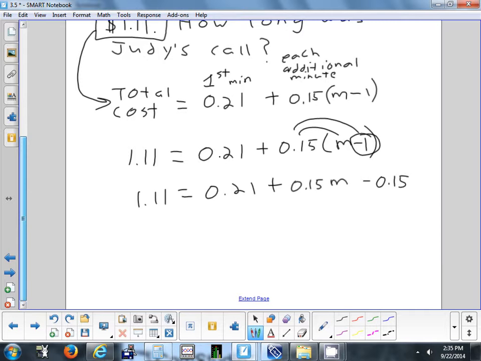Let's combine our like terms on the right-hand side. Think of this as 21 cents, take away 15 cents. What's 21 cents take away 15 cents? 21 cents, take away 15. 6 cents.